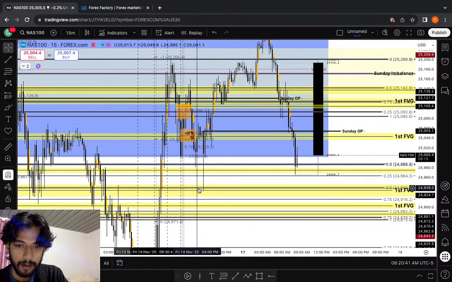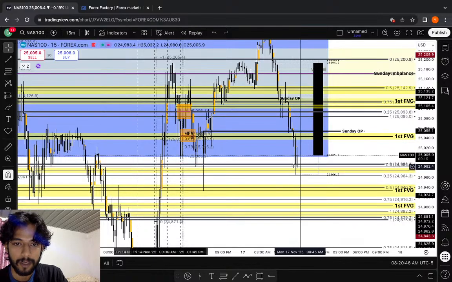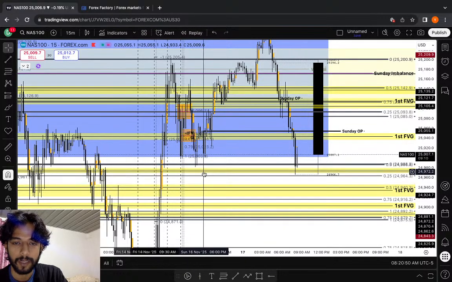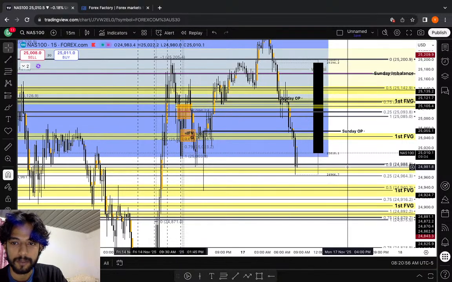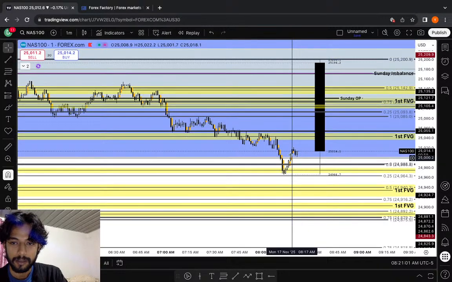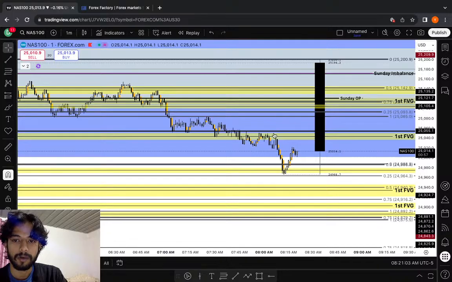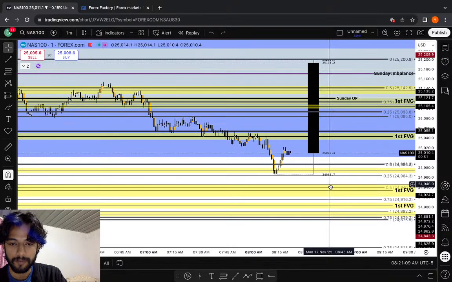And right from this wick, we are trying to stay above the 50% of that wick, the consequent encroachment of that wick, which is the 0.5. Wicks are trying to stay above that, and yes, it is trying to support the prices, and they are going to pull it higher, taking out those who are short now. Let's see if they can do that.